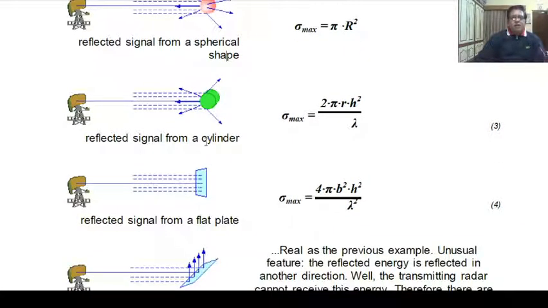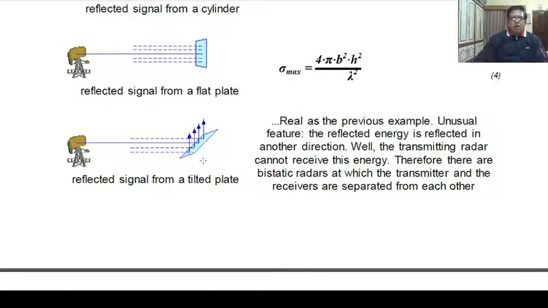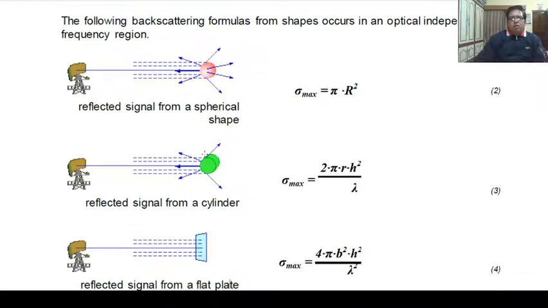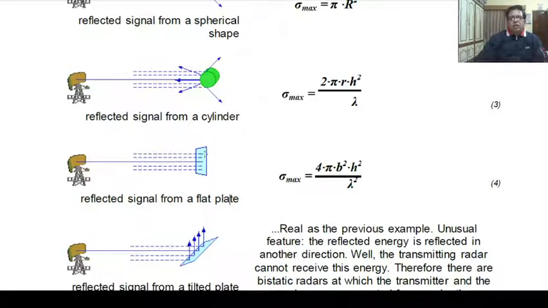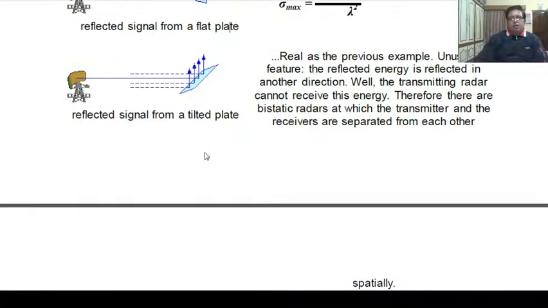If it is cylindrical, then sigma maximum is 2 pi r h square upon lambda. And if it is a flat plate, then sigma maximum equals 4 pi b square h square upon lambda square. So these are the different formulas.